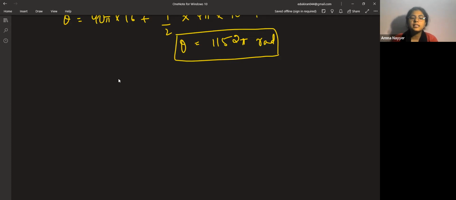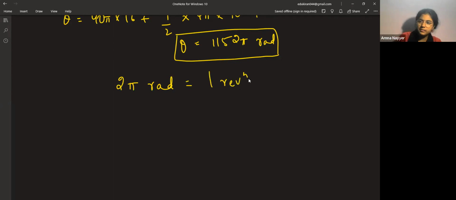Now see class, we know that 2 pi radians make 1 revolution. Agreed? 2 pi, 360 degrees, will make 1 single revolution. It's like 1 complete lap is making an angle of 360 degrees.